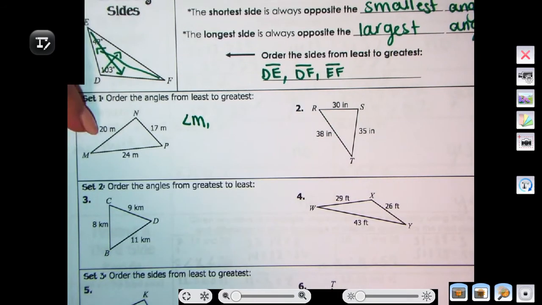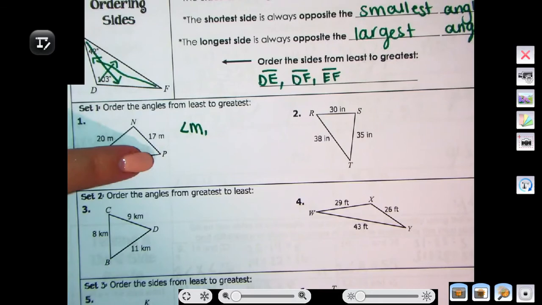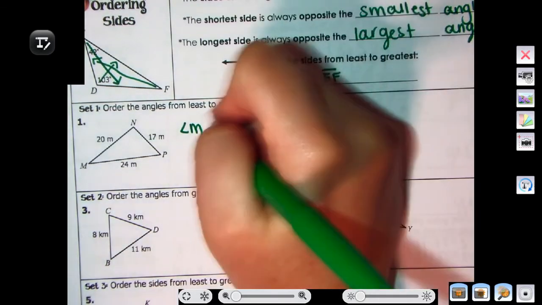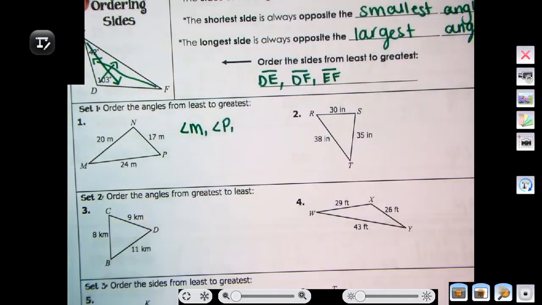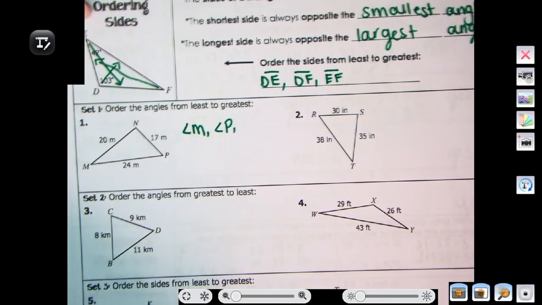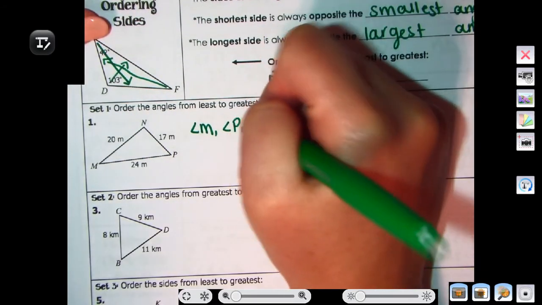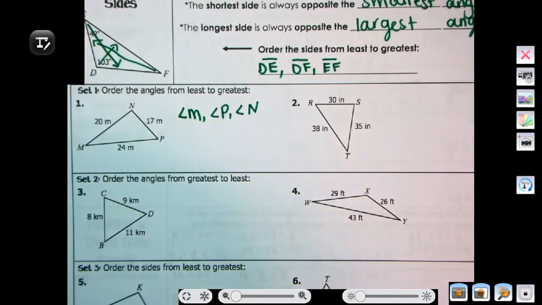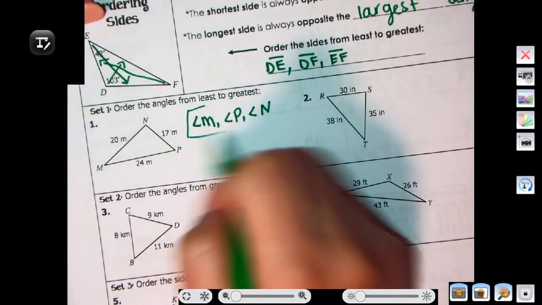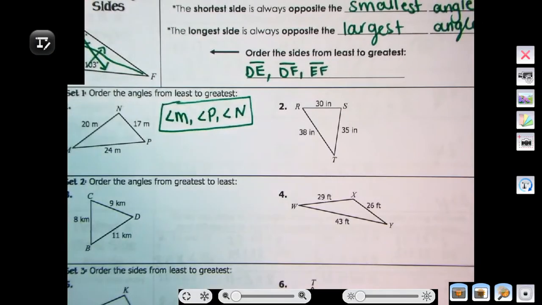Then we've got 20, which is across from angle P. And then we have 24, the largest, which is across from angle N. And that's it. So that's least to greatest.